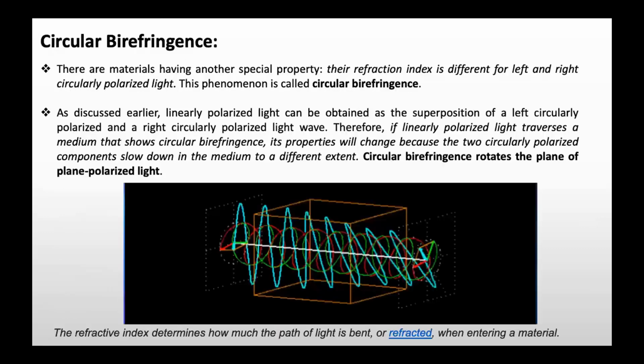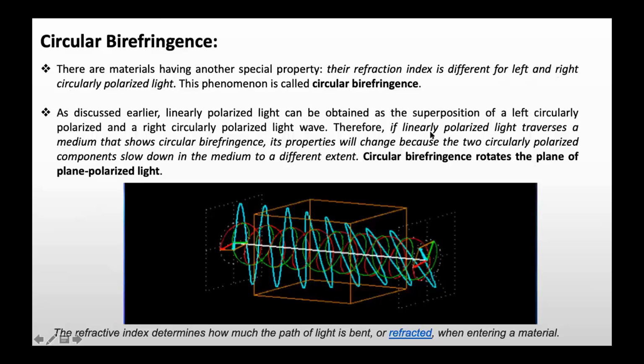Now the next term we use is circular birefringence. There are materials having another special property: their refractive index is different for left and right circularly polarized light, and this phenomenon is called circular birefringence. As discussed earlier, linearly polarized light can be obtained as the superposition of left circularly polarized and right circularly polarized light waves.